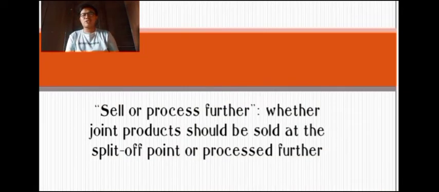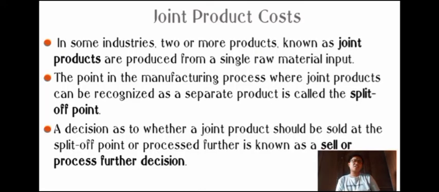Whether a joint product should be sold at the split off point or processed further. Before we go to sell or process further, we first need to know what joint products, split off point, and the sell or process further decision are. Joint products: in some industries, 2 or more products known as joint products are produced from a single raw material input.